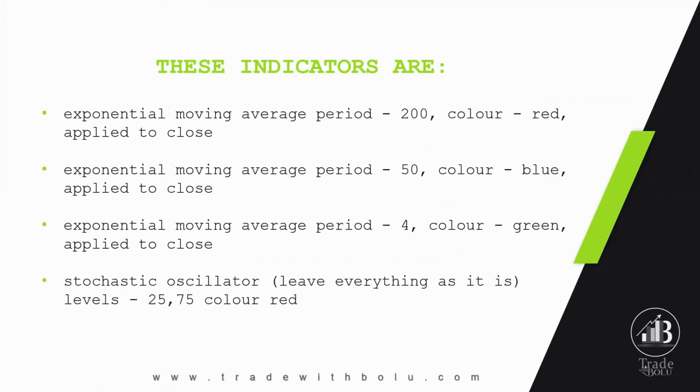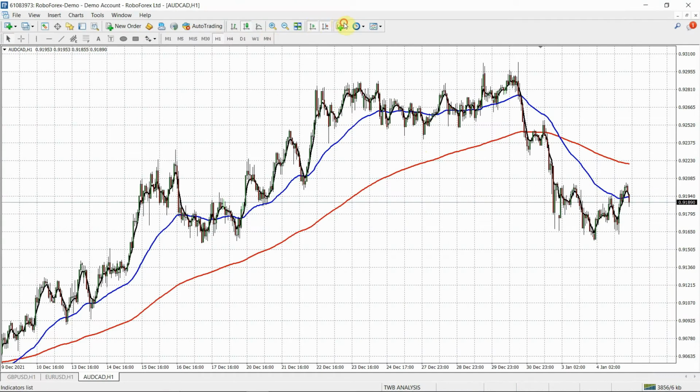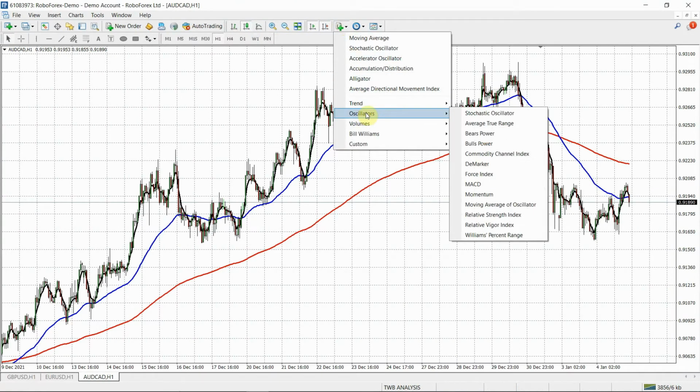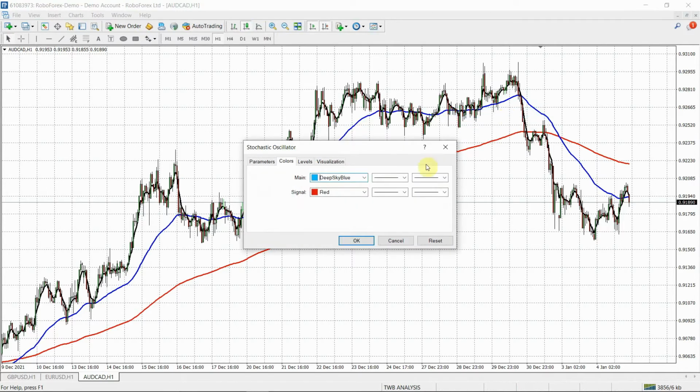So what's the next indicator? It's the stochastic oscillator, sorry, and at 2 levels, 25 and 75. So here you see oscillators, then you have stochastic oscillator. You click it, you would have the periods, fixed minimum, maximum.